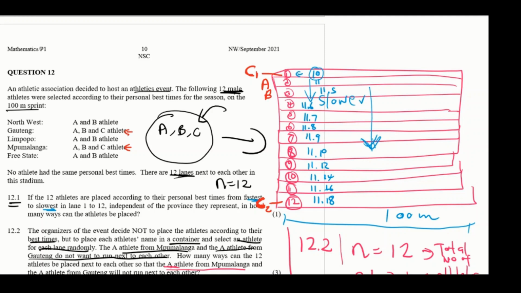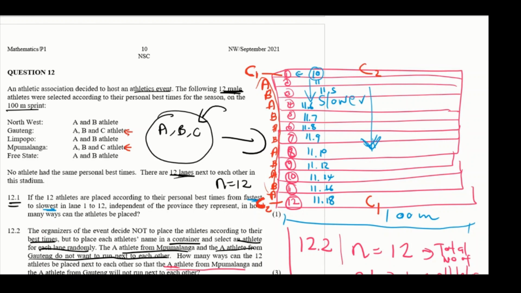So it's going to be A, B, and A, B, and A, B, and A, B, and A, B, and A, right? So they're going to be placed differently. Either be placed like this, or if let's say this is C2 and then this is C1, right?